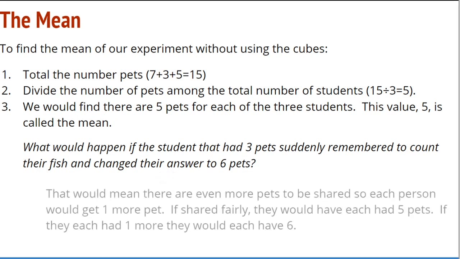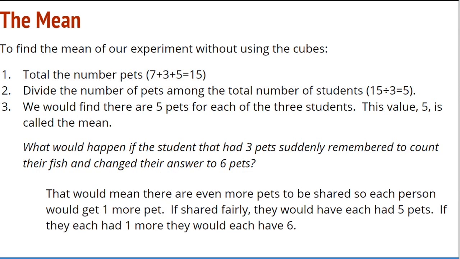Well, what that would mean is that there are even more pets to be shared. So each person is going to get 1 more pet. There were 15 pets, but now there's 18 pets. And if I've got 3 people, each one of them is going to get another one of the pets. So the mean would increase to 6.